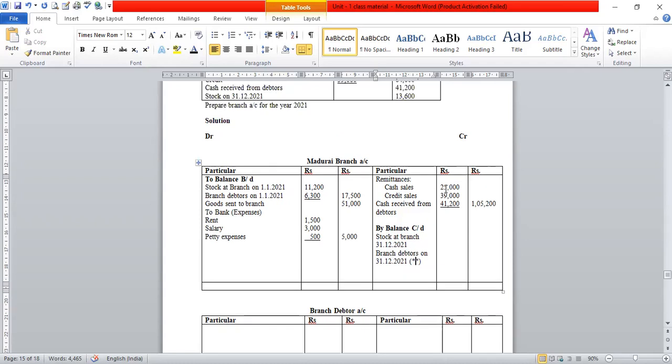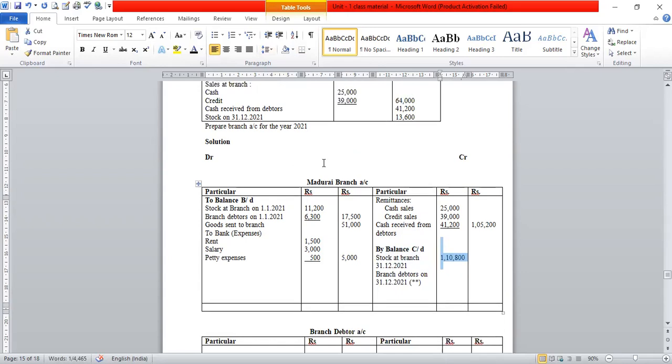That is, the closing stock is 13,300. It is noted. Sorry, before that, this closing stock at the branch is how much? Opening is 11,200. 13,000. 13,300.